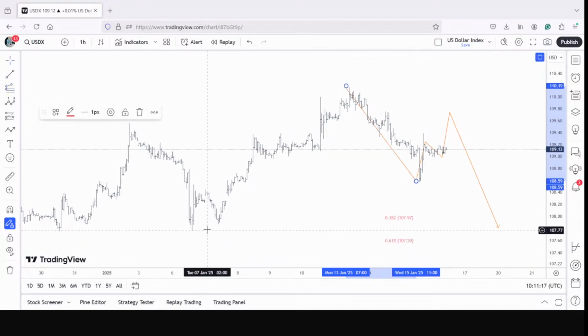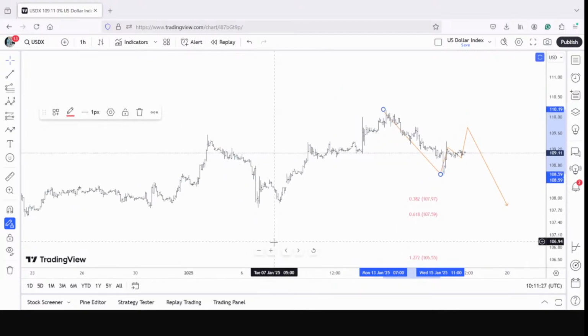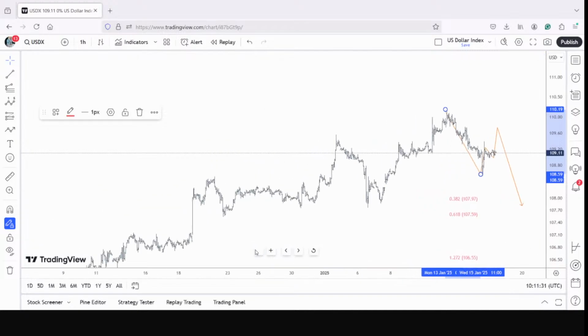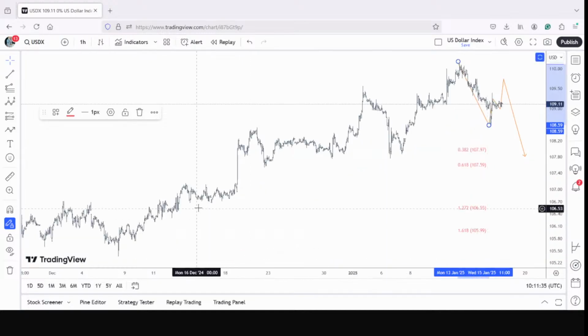Almost there. 107.60, yes. And the second cycle should match up with the larger degree wave for termination of, sorry, one lesser degree termination. That is also, we are just shy of the support there, 105.39.